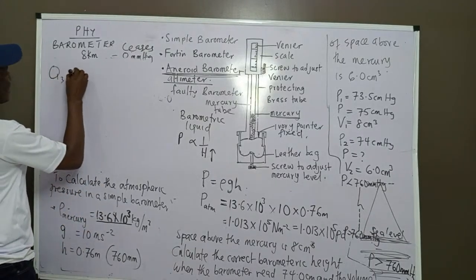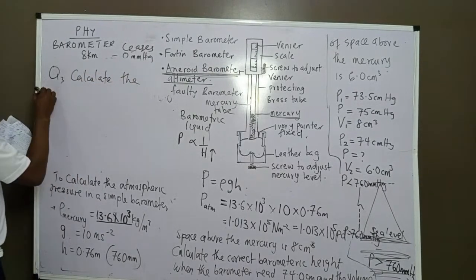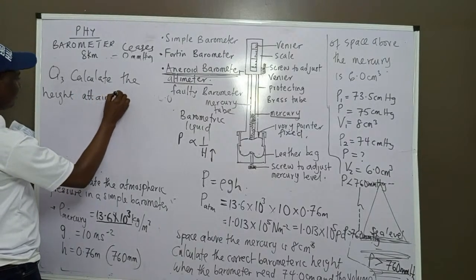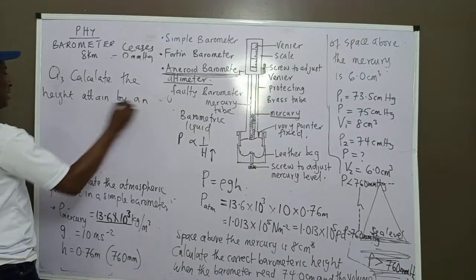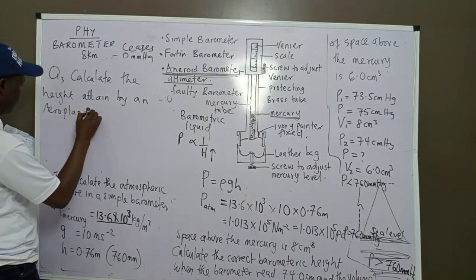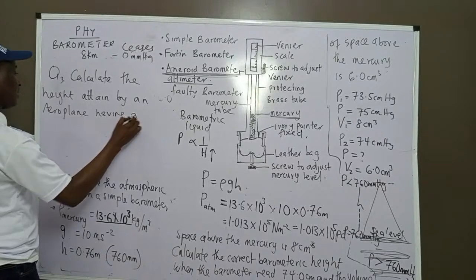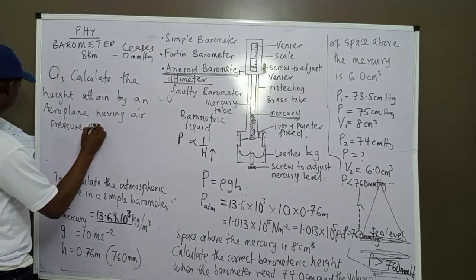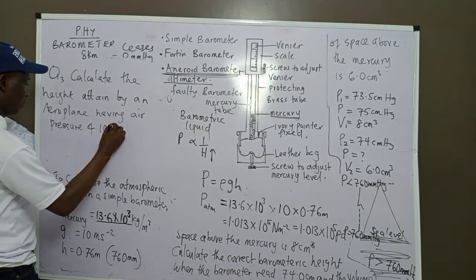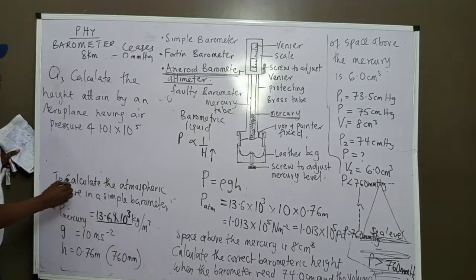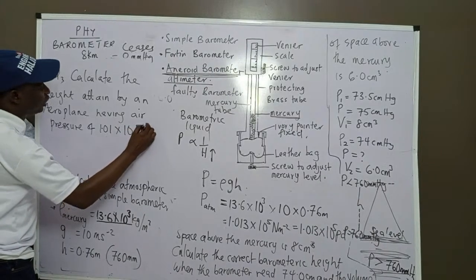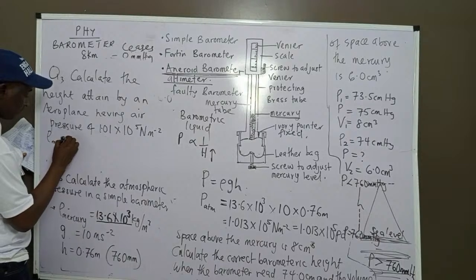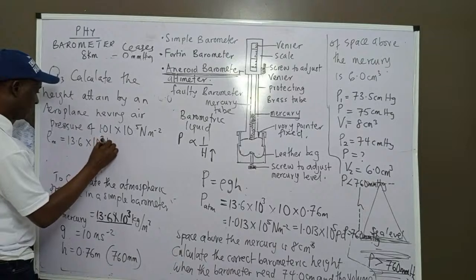Question 3: calculate the height attained by an aeroplane having an air pressure of 1.01 times 10^5 Newton per meter square, taking the density of mercury to be equal to 13.6 times 10^3 kilogram per meter cube.